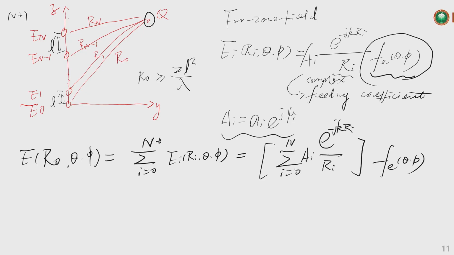Follow, so assume it as D. The array length is the total distance, so it equals n times D, which equals 2n square d square over lambda.